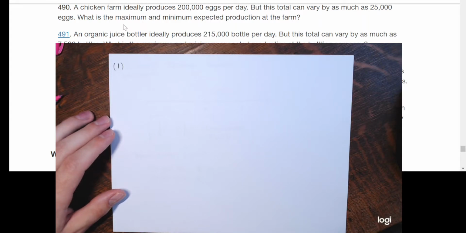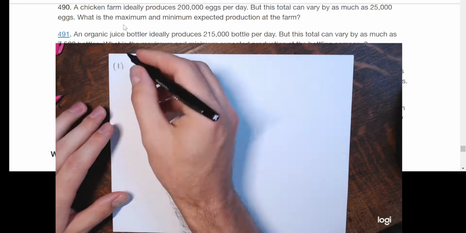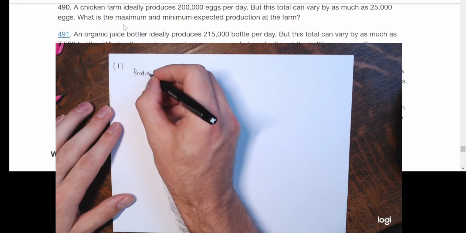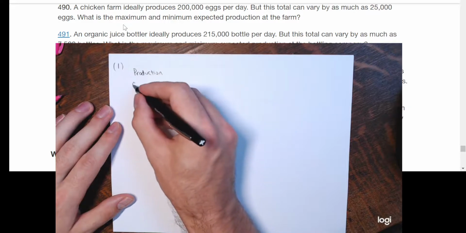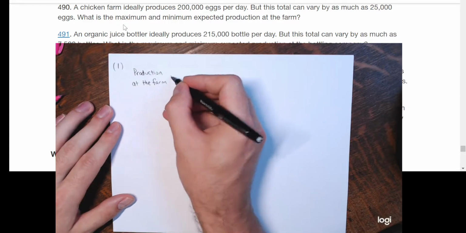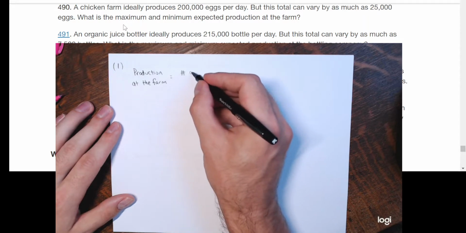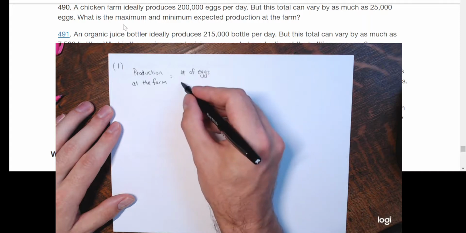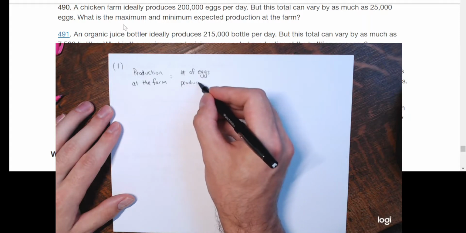So they're asking the question, what is the maximum and minimum expected production at the farm? So how about the production at the farm? Also known as the number of eggs the farm produces in a day. Number of eggs produced by the farm.